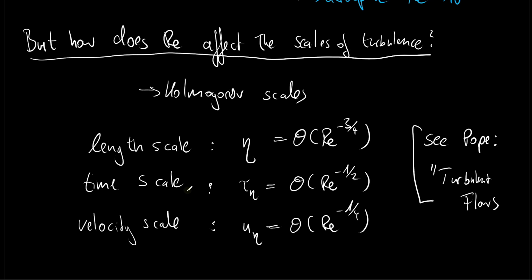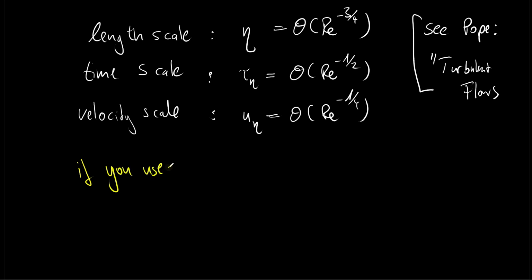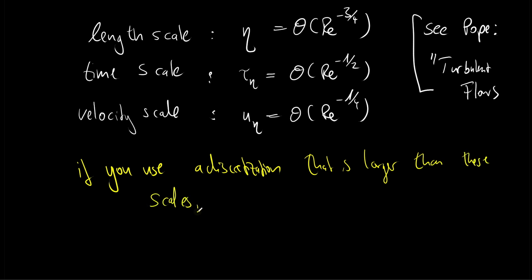For this, think of the fact that if you use a discretization that is larger than these scales, you do not resolve them. So in other words, you do not account for their effect. And that is again problematic, as said earlier, because the small scales influence the large scales.